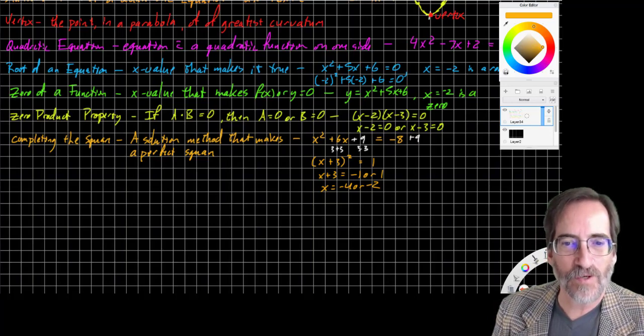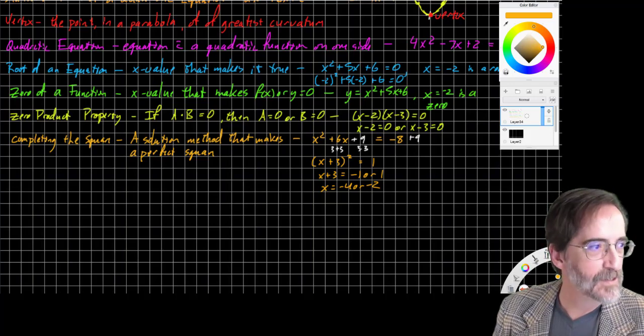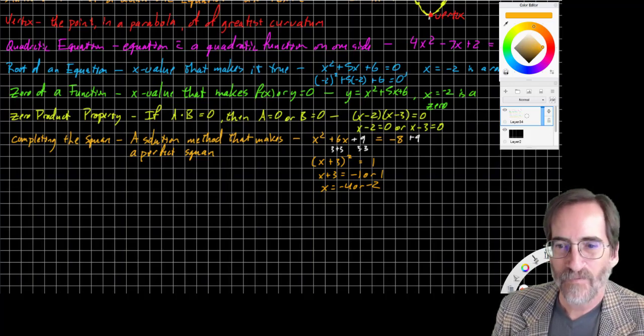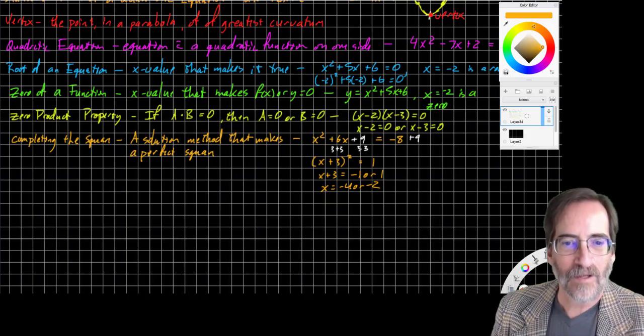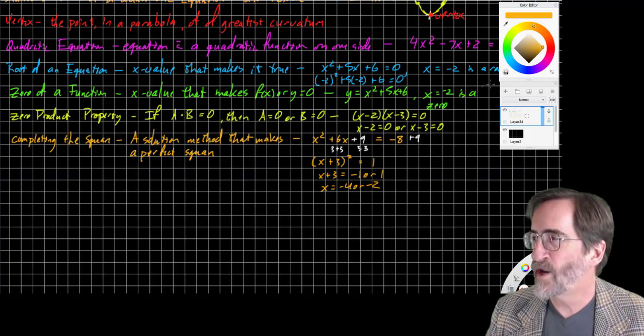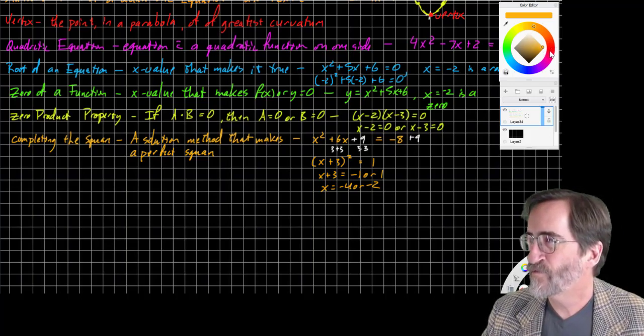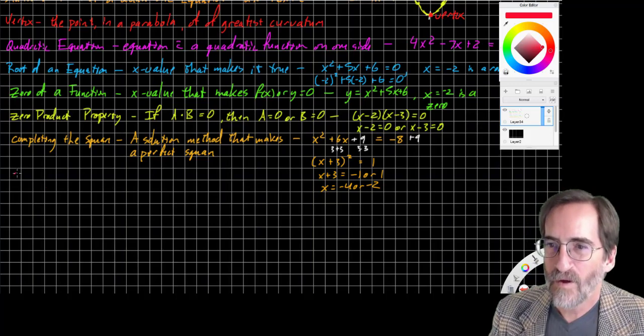Lesson 7, the quadratic formula and the discriminant. Okay, and there's two words, quadratic formula and discriminant. Quadratic formula.